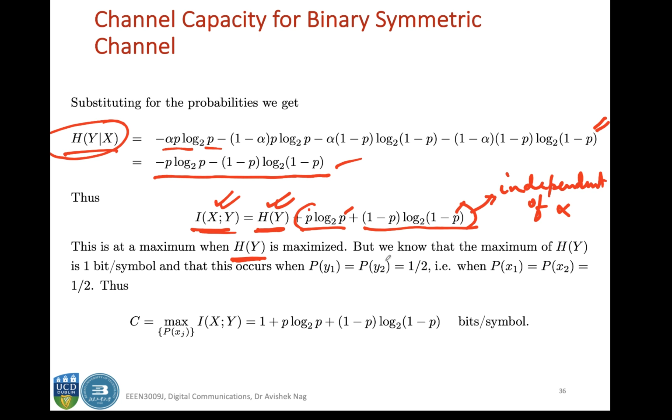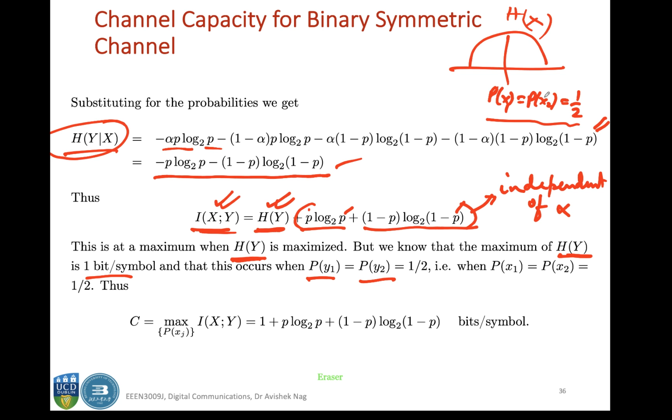Okay, and we know that the maximum H(Y), which is 1 bit per symbol, occurs when your two output symbols P(y1) and P(y2) are equiprobable. Okay, so you remember we did a graph like this of H(X). This was maximum when the probability of x1 equals the probability of x2. From your previous lecture you can recall this.